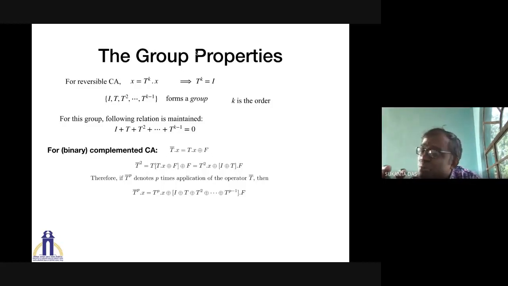Interesting point is, I am getting a new operator called T bar. It's not a matrix actually, something different, but I'm getting a new operator.